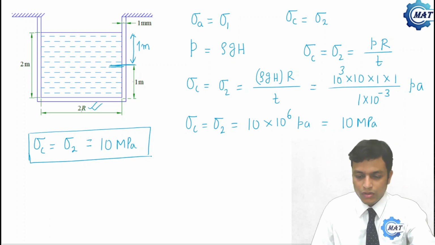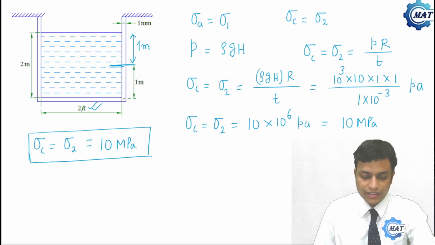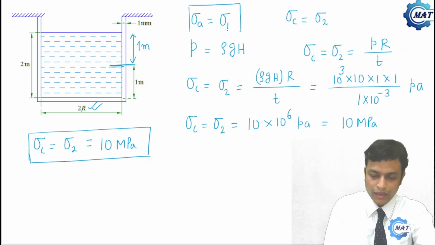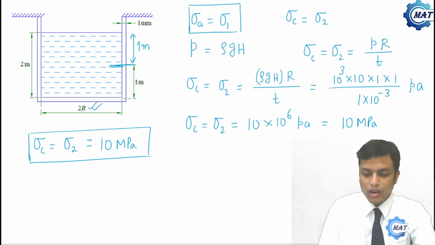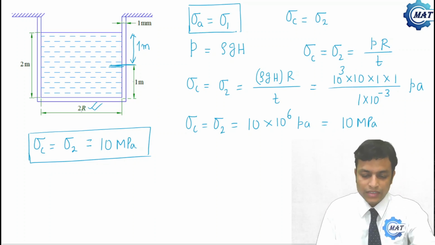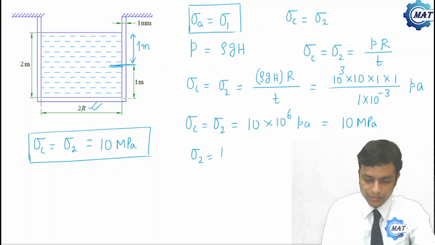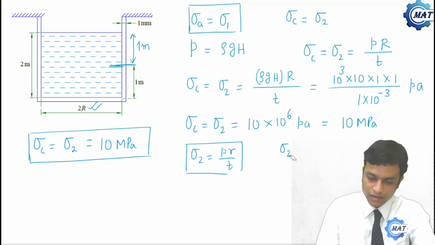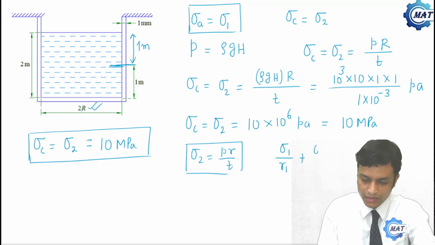Now we have to calculate axial stress. What is the axial or longitudinal stress? That is sigma A. Now sigma 2 for a cylindrical pressure vessel is always PR by T. That we have calculated from our generalized equation, which I am recapitulating once again: sigma 1 by r1 plus sigma 2 by r2 is P by t.